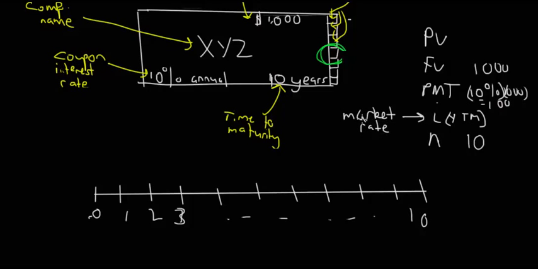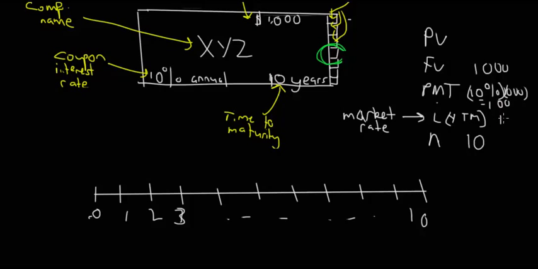It's only the same on the day that it's issued. The day after, or the second after it's issued, the bond starts floating as its own security, and its coupon rate is locked in at 10%. But just because this particular coupon was locked in at 10% doesn't mean the market rate is going to stay at 10%. I mean, the market doesn't care about this bond. The market will still continue to go on. So the market rate is going to fluctuate. But let's just think about this particular bond at the second that it's being issued.